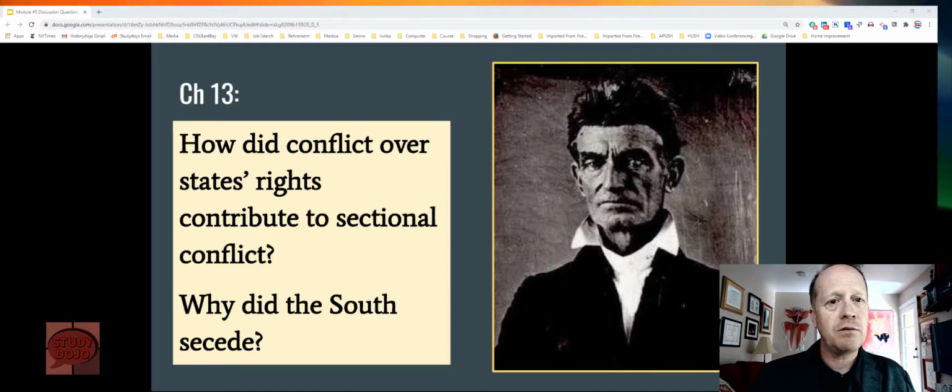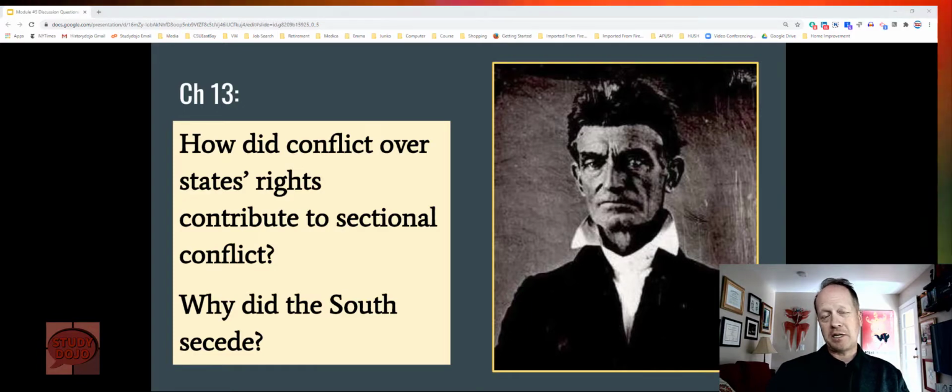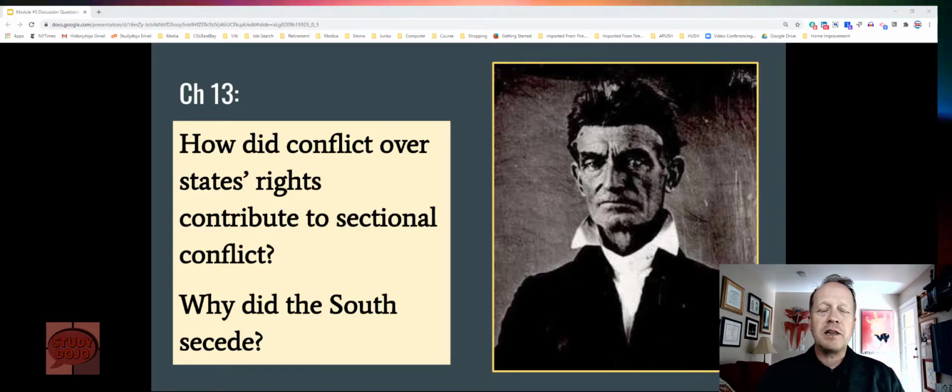Laws like the Fugitive Slave Act of 1850, which was part of the Compromise of 1850, ultimately allowed for slavery to exist even in free territories and states, which would have greatly angered many of the abolitionist Northerners.